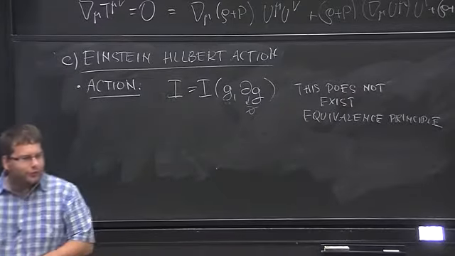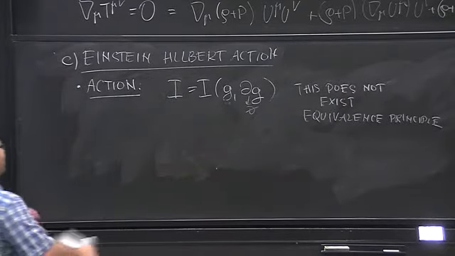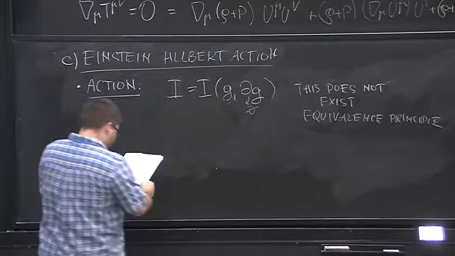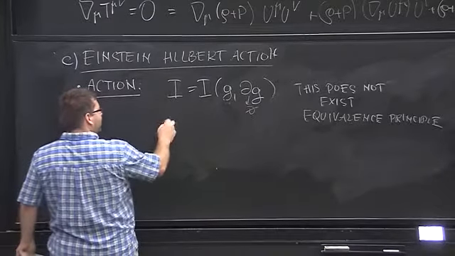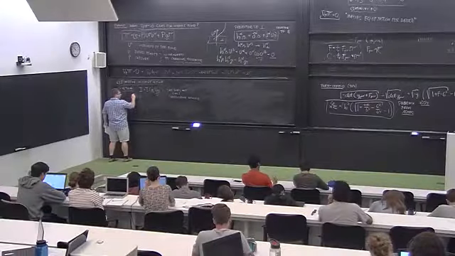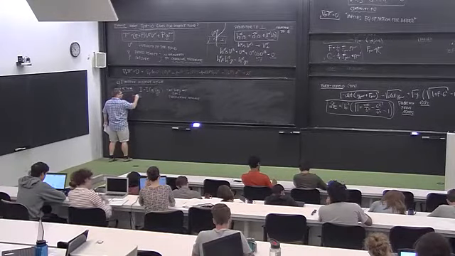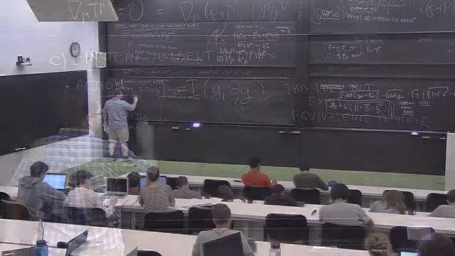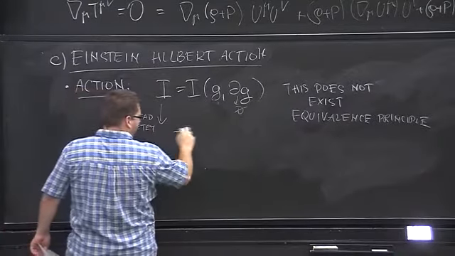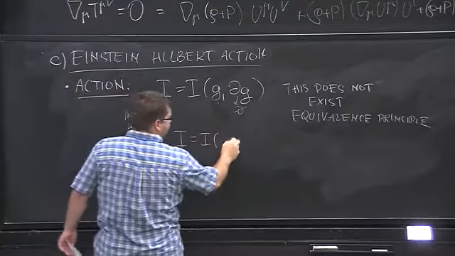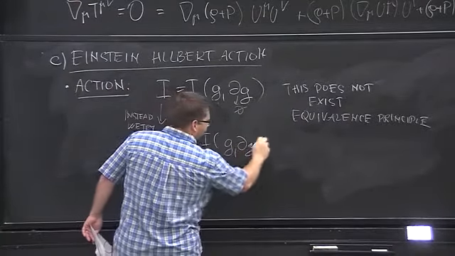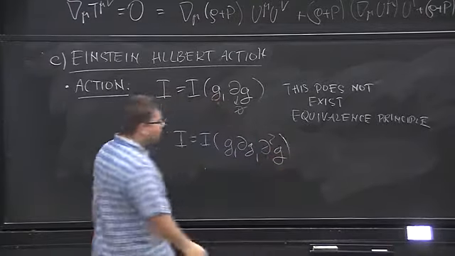Okay, so this is not the way to go. Maybe I can go about it using the second derivative. So instead, we try an invariant which depends on g, dg, and d squared of g. Is there such an invariant?